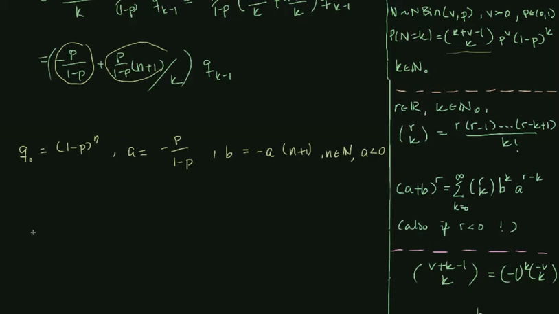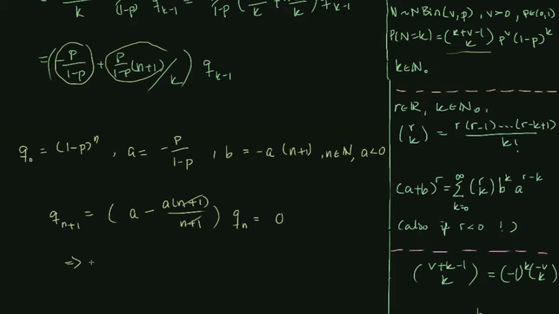So qn plus 1. If we use this recurrence relation, it's A minus A times n plus 1 divided by k, which is n plus 1 in this case, multiplied by qn. These two cancel, and then I just have 0 multiplied by qn, which is equal to 0.